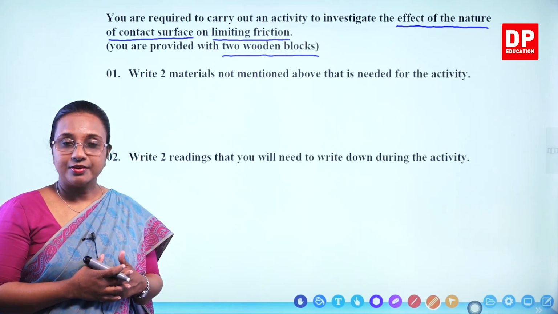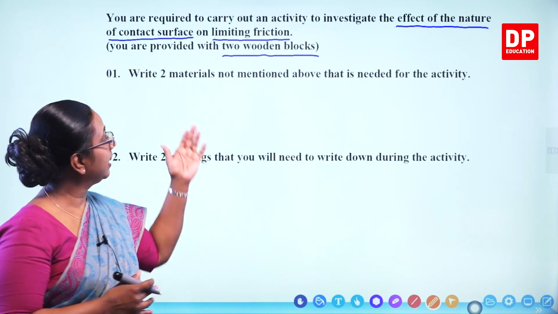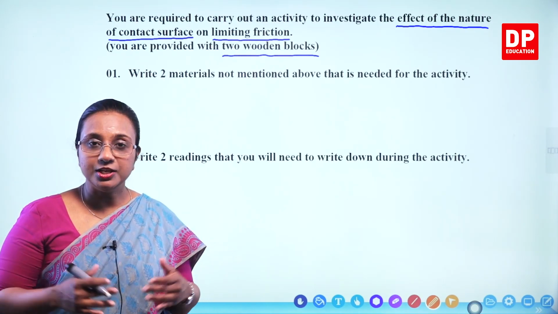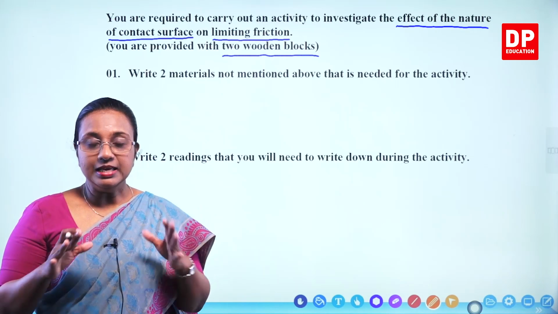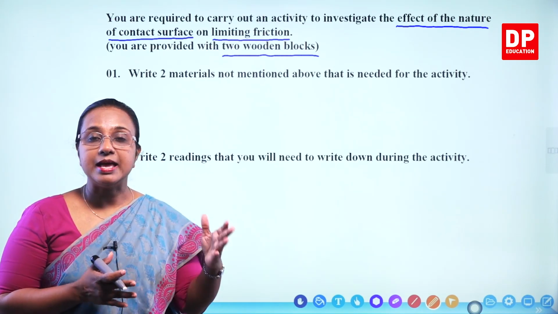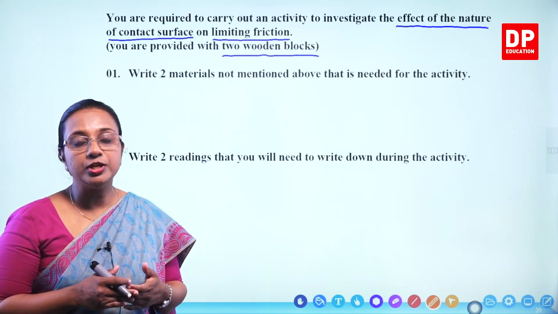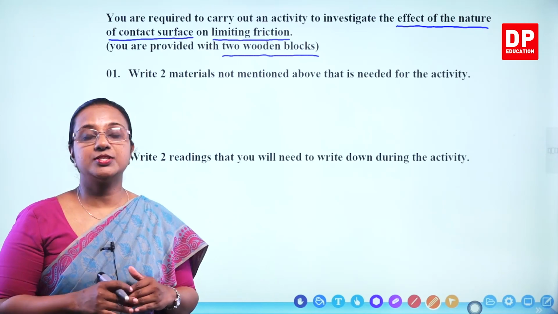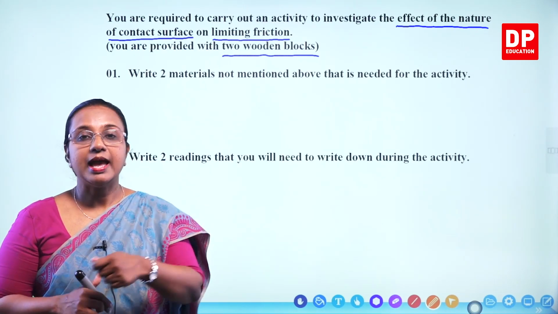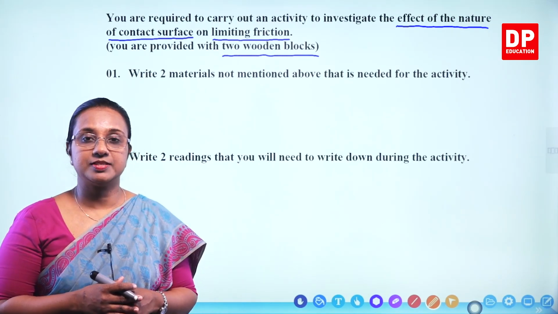Students, you can remember the activity where we investigated the effect of nature of surface. What did we do? We paste sandpapers with different roughness onto the horizontal table, and then we place the wooden block and pull it along that rough surface.